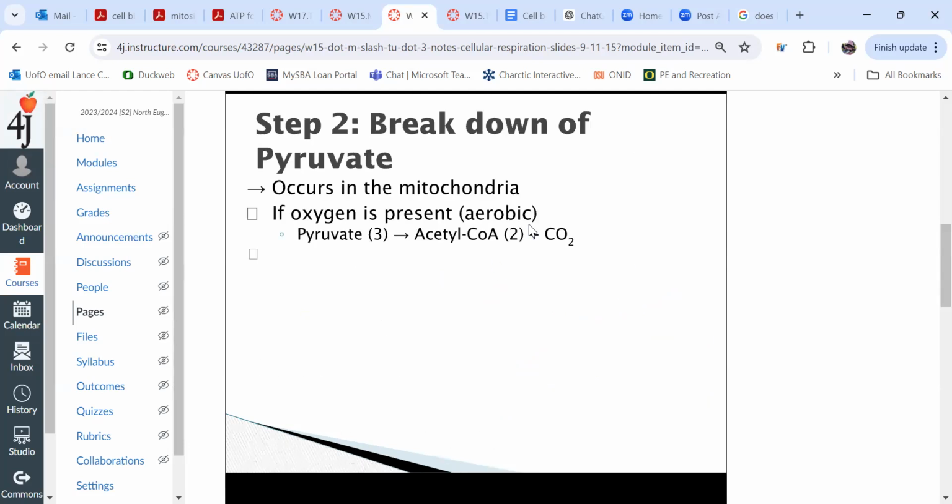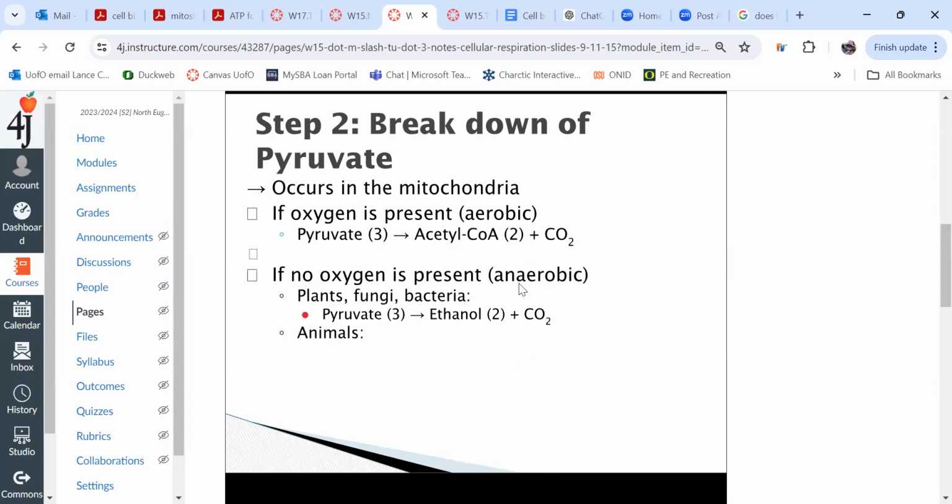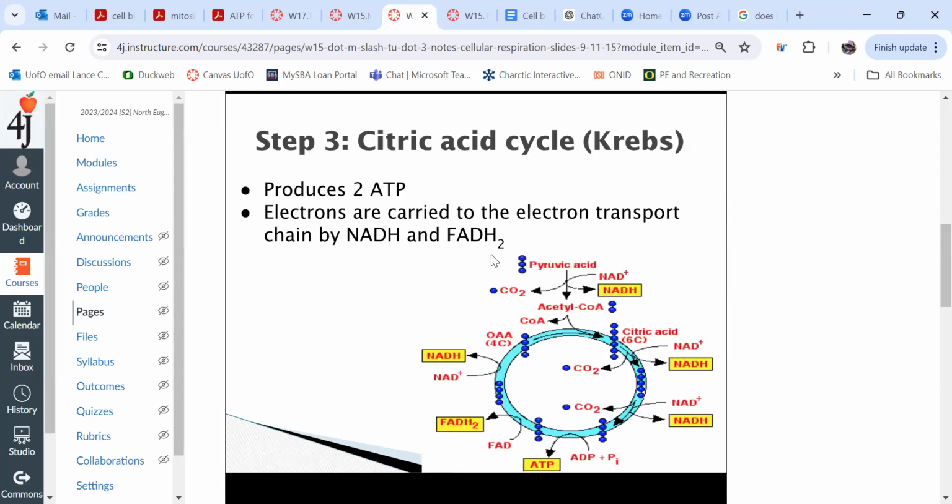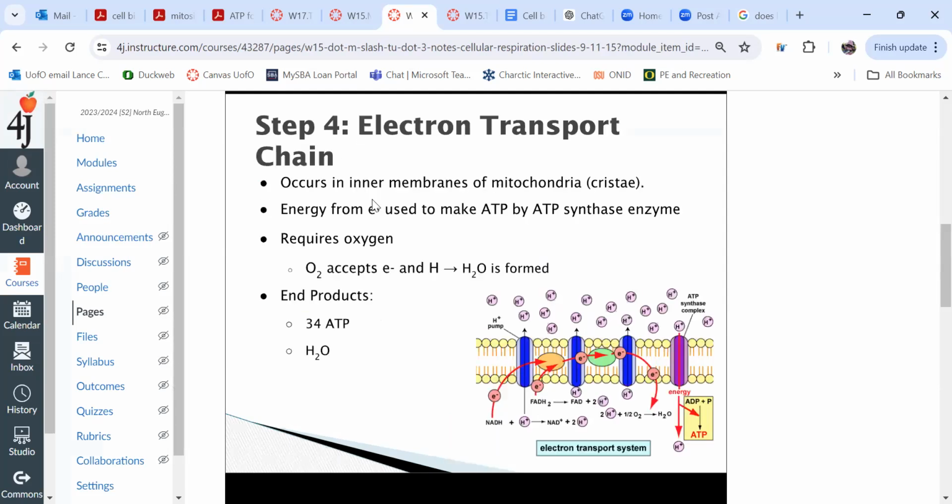Step two doesn't produce any ATP, but it does produce acetyl-CoA, which is needed for the citric acid cycle. Where's acetyl-CoA in here? There it is. And then this is going to produce 2 ATP as well. So it's 4. And then the electron transport chain produces 34. So 2 plus 2 plus 34 is 38. So the majority of the ATP is produced in the electron transport chain.